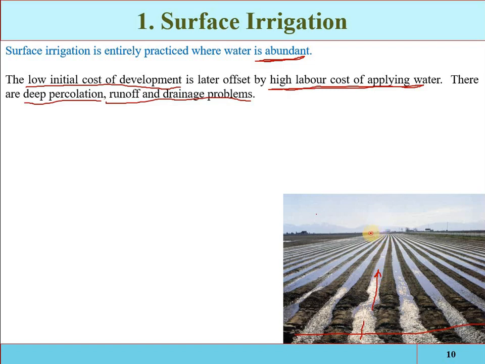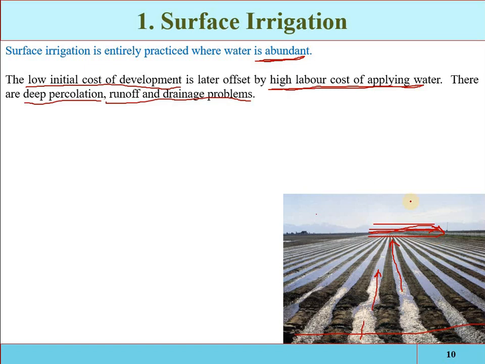Also at the downstream end, some drainage system will be required to safely dispose of the runoff water from the agricultural area. So a drainage system must be designed.